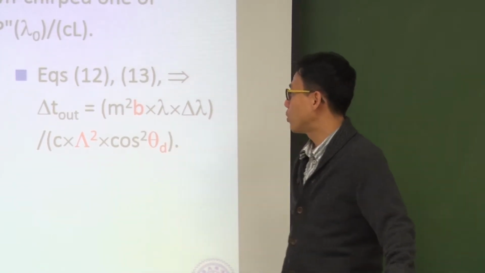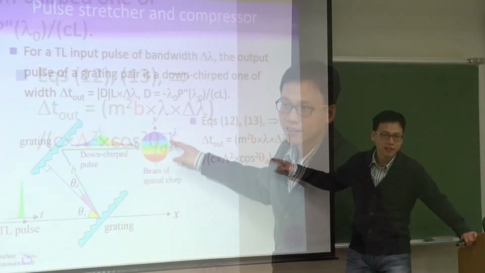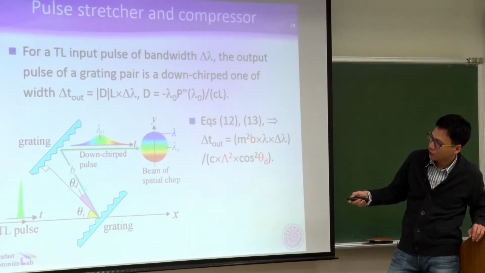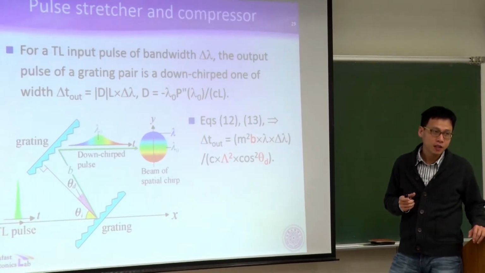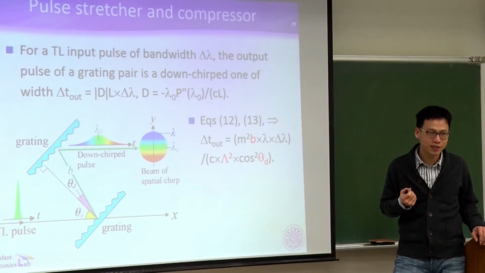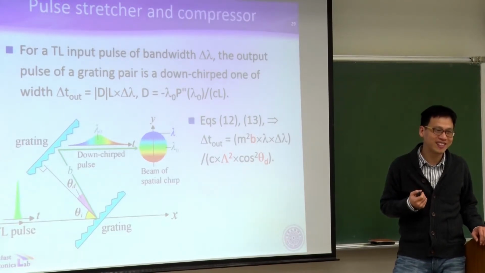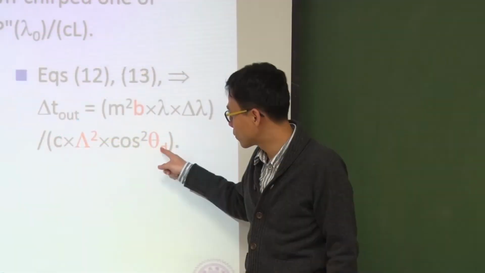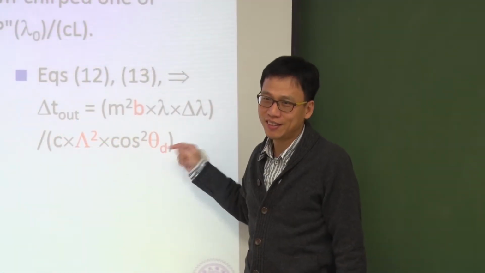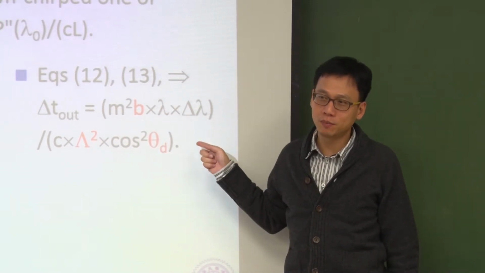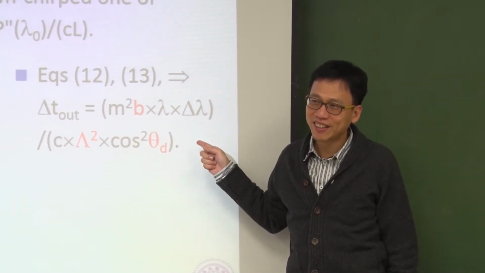The third parameter is theta d. What is theta d? Here, your diffraction angle. And if you want to stretch your pulse more seriously, how do you choose your theta d? Remember, it's within cosine square. It's in denominator, so you want it to be smaller, right?